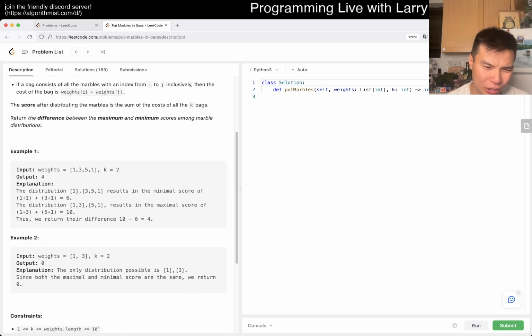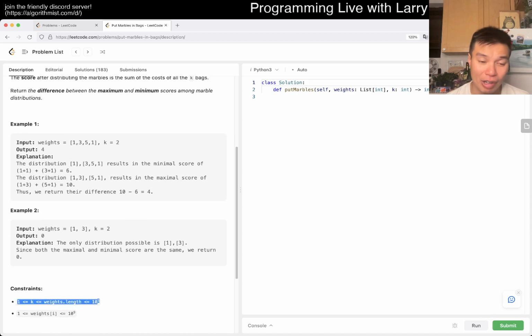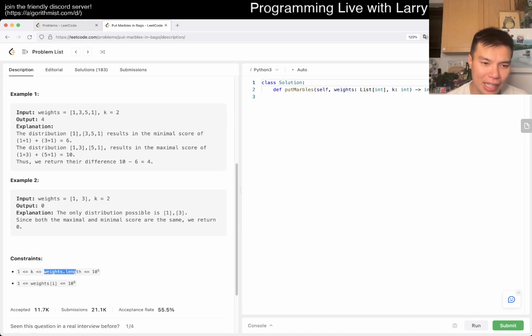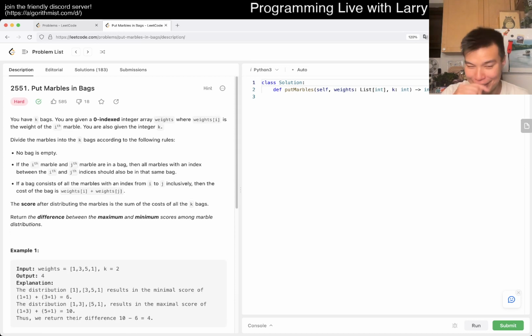The first thing I want to do, to be honest, is look at the constraints. n is 10 to the 5th, which tells me I have to be a little bit careful, or rather, I have to think about it a little bit more. Because if n is very small, there are a couple of dynamic programming-y, recursion-y things that I could do right off the bat.